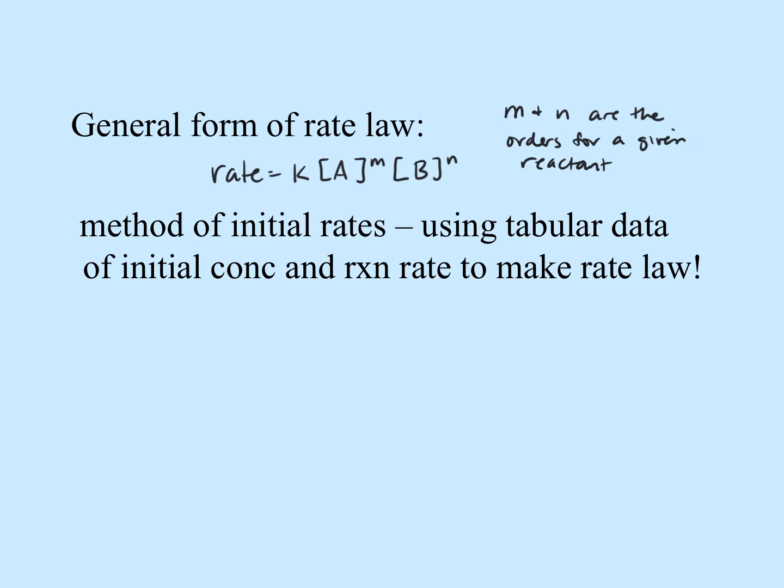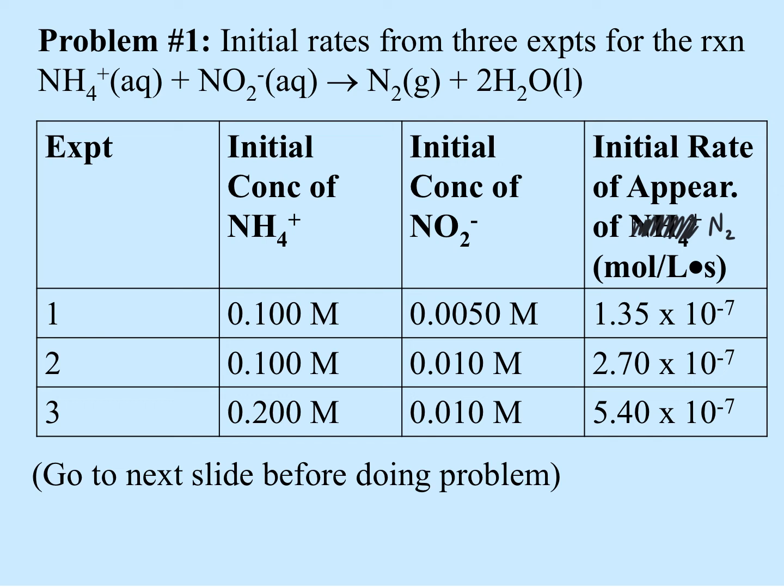So let's take a look here at the information that's given to you in this table. You have 3 different experiments run at multiple concentrations of ammonium and nitrite. And then we talk about the initial rate of appearance of nitrogen at these different concentrations.